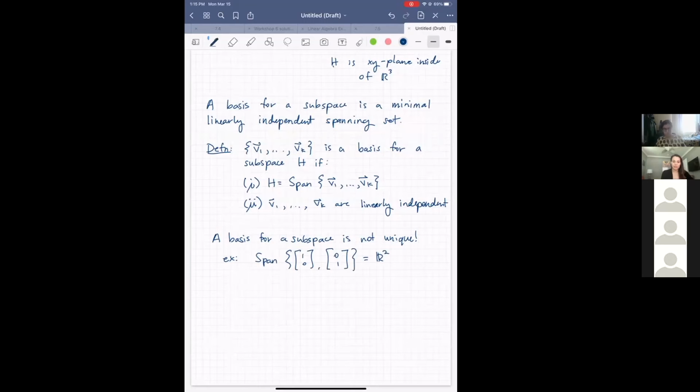We could take any linear combination and get any vector in R2. But it's also the case that the span of (1, 0) and (1, 1) is all of R2. We could still get every vector written as a linear combination of these two vectors. So these are both bases for R2, but definitely not the same, right?